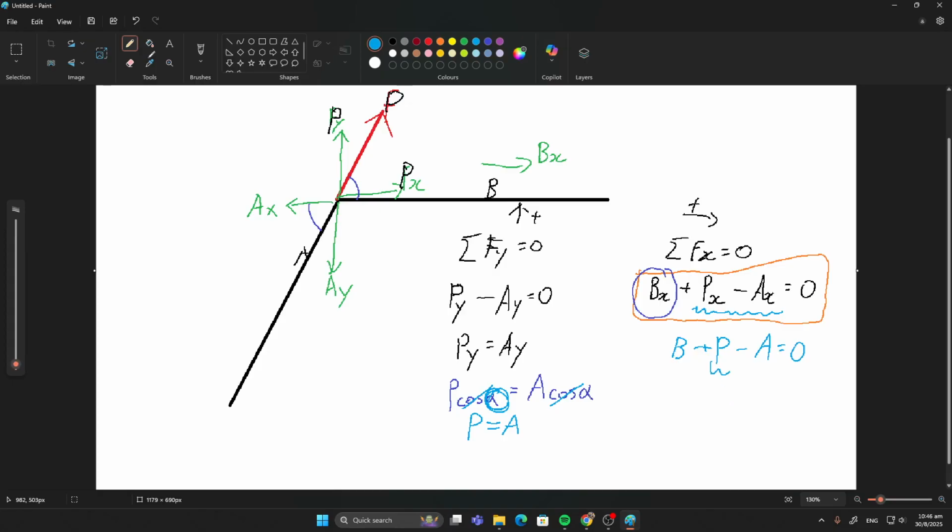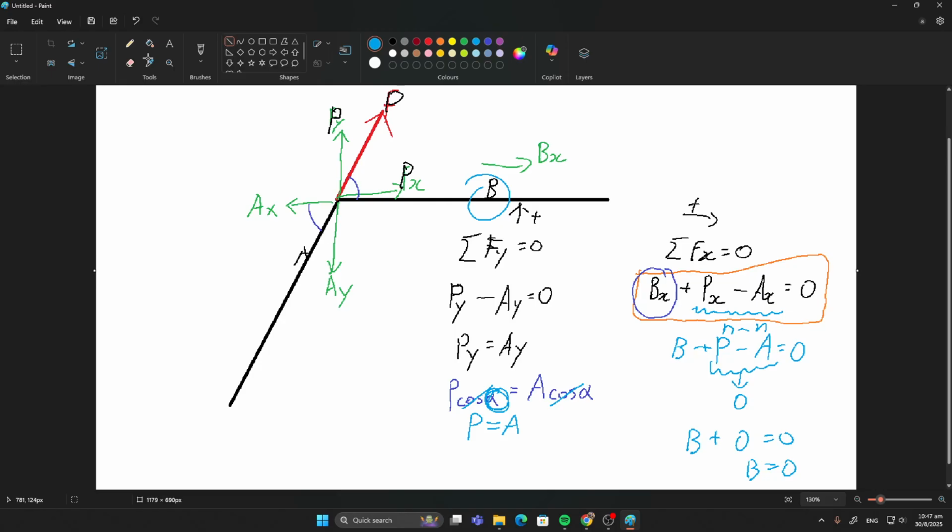Because these two are equivalent, it's basically saying 1 minus 1 or 2 minus 2, x minus x, or n minus n. So this conforms to 0. So B plus 0 equals 0. B is 0. And this is my explanation why B is a zero force member.